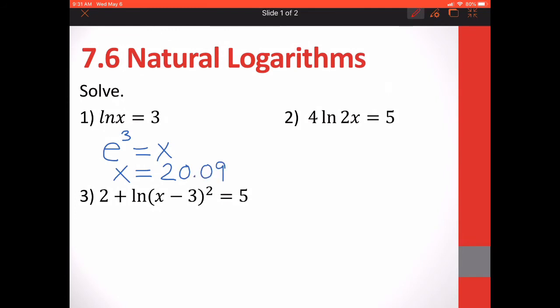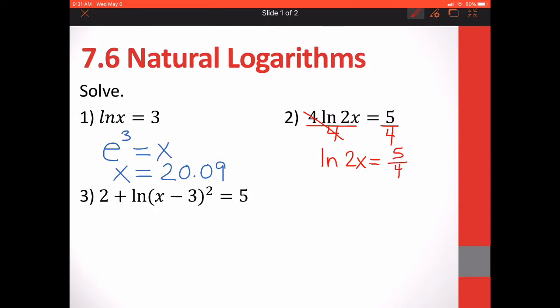All right, in example 2, again, we have a natural log in the problem, so we're going to change it to exponential form with base e. However, you have to be careful. If there are extra outside numbers, we need to get rid of them. There's a 4 in the front, so 4 times natural log is what I have, so I have to divide to get rid of it. So I have the natural log of 2x equals 5 over 4.